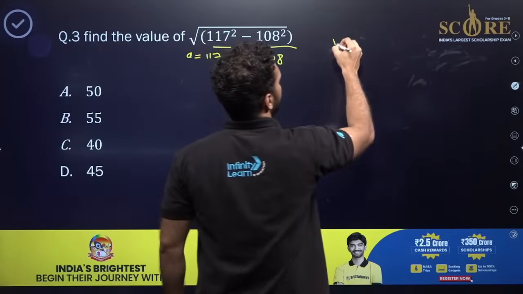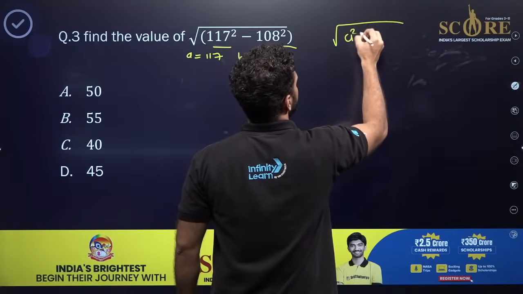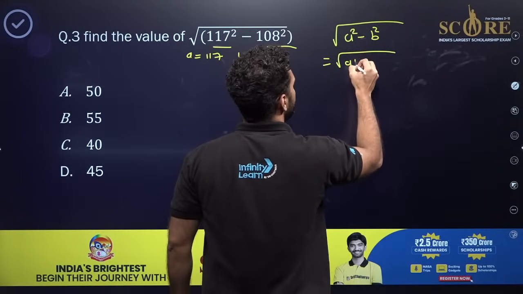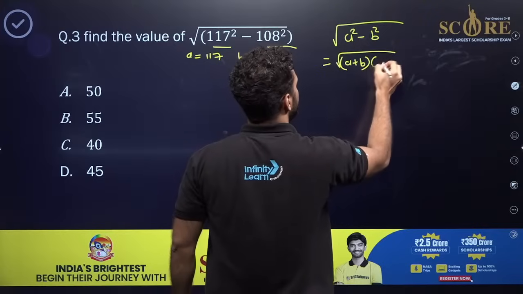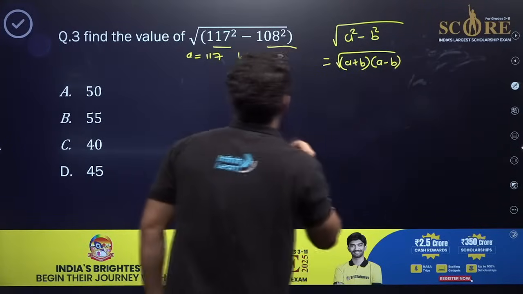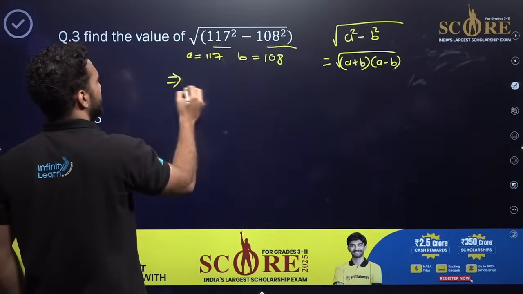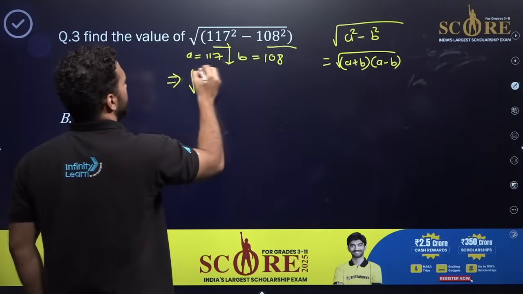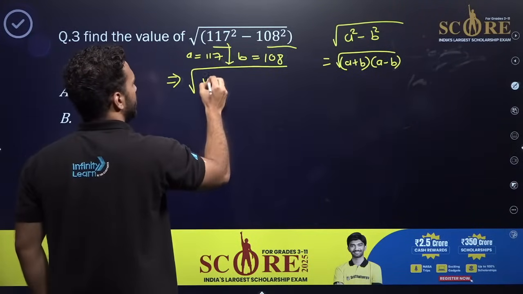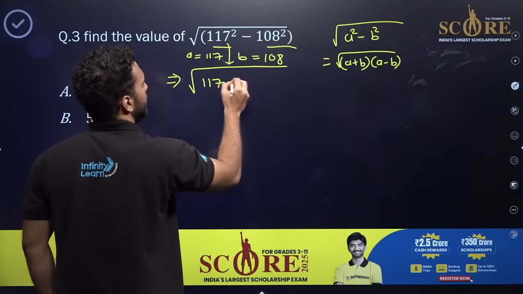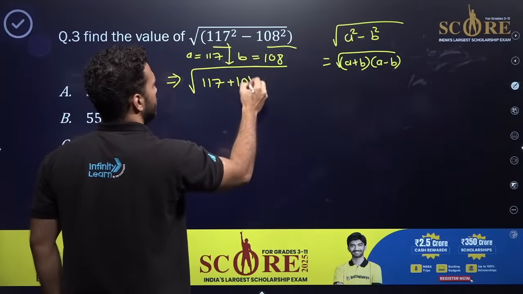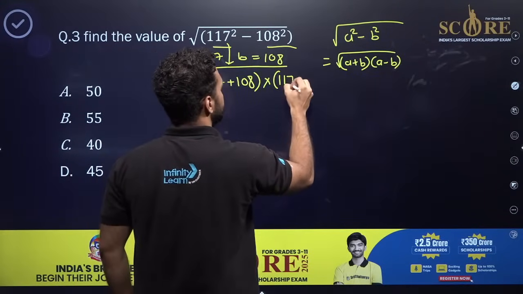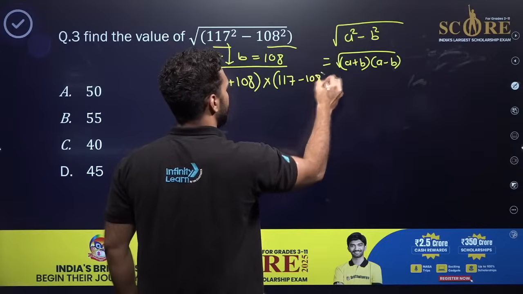Sir, we have to find under root a square minus b square, which can be written as under root a plus b into a minus b. So this part can be written as under root of (117 plus 108) multiplied by (117 minus 108).